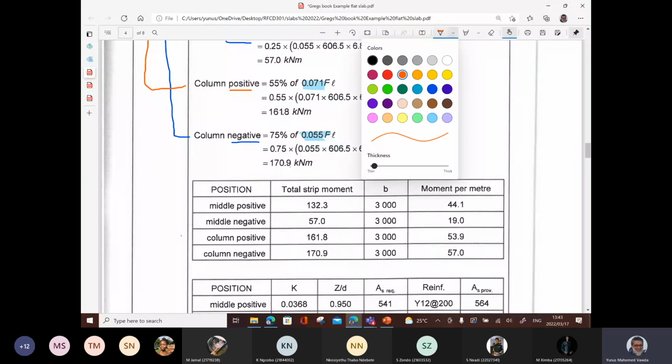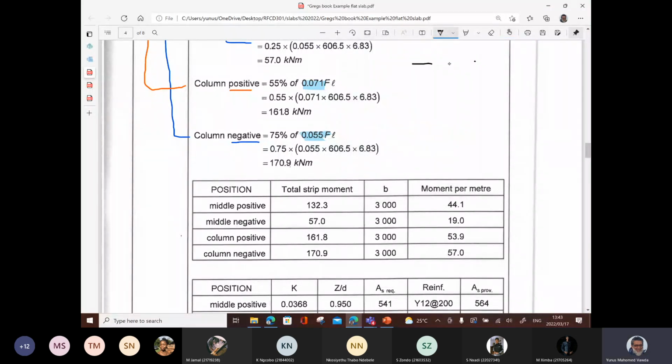So that's the panel under consideration. And I'll leave the lines where it is continuous, right? So we understand. Okay, so let's take the middle positive 132.3 and the middle negative 157.